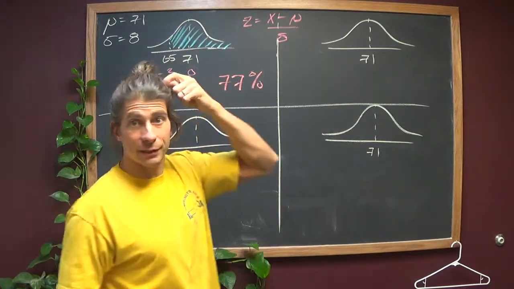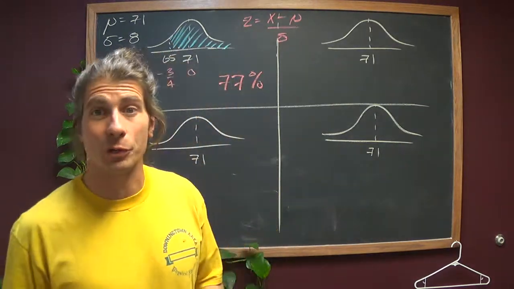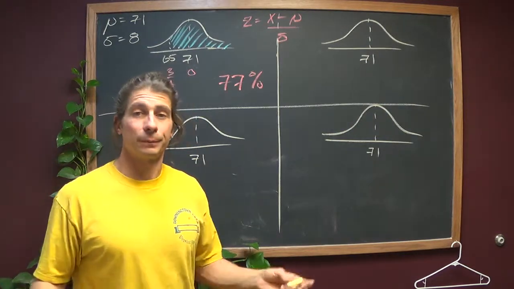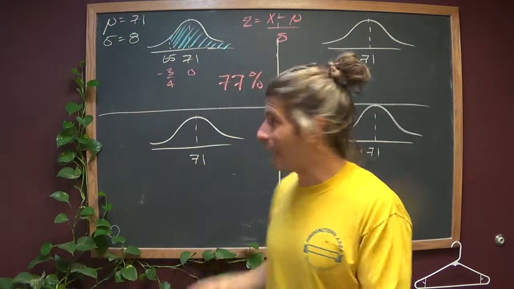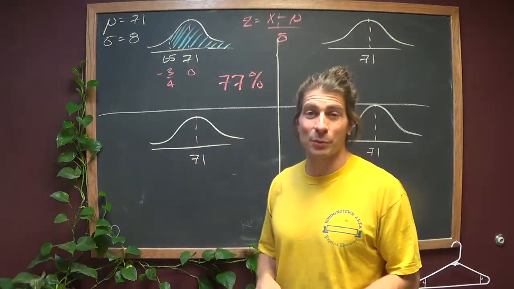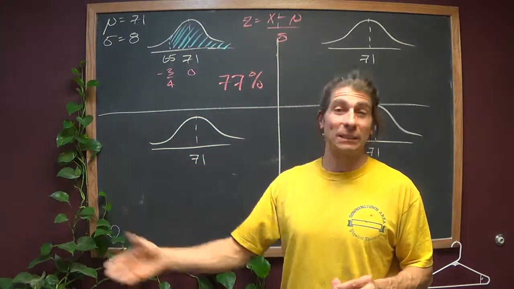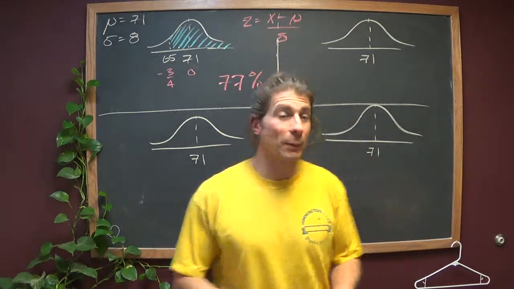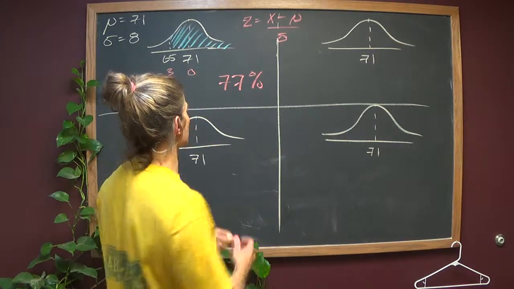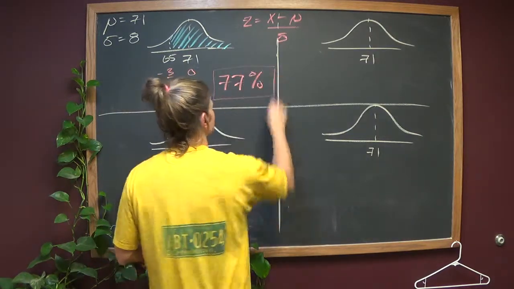So about 3/4 of the cars are exceeding the speed limit. I shouldn't say speeding. Now whether or not that's considered speeding is up for discussion. Anyway, there's your solution to the first one, 77%.